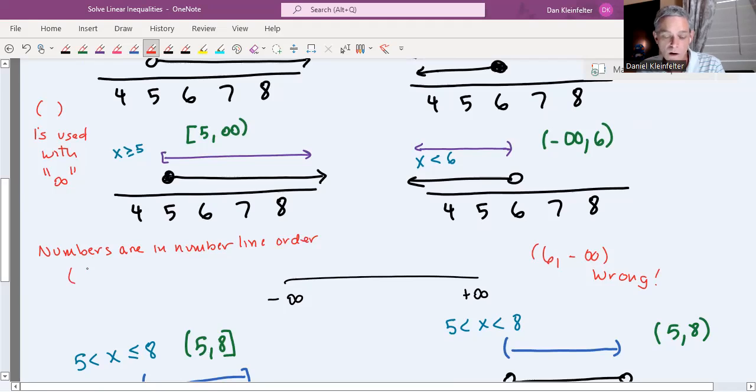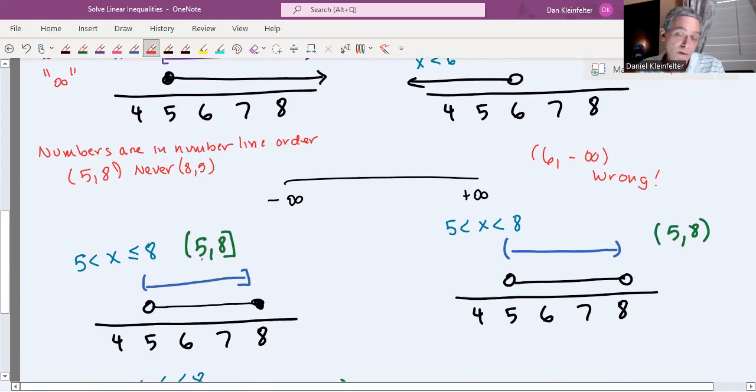So we would always write things like 5 comma 8 and never 8 comma 5. The smaller number is always going to be on the left. And then it matters whether you're using a bracket or a parenthesis. Math is full of a lot of little picky things, and here's one of them. It makes a difference whether you're using a parenthesis or a square bracket.